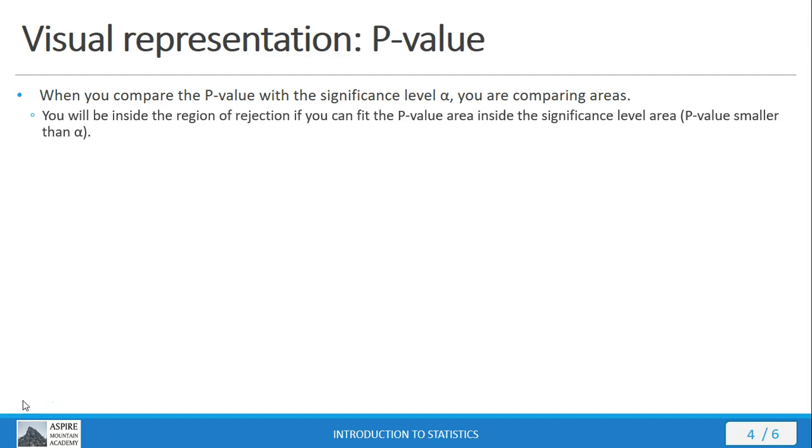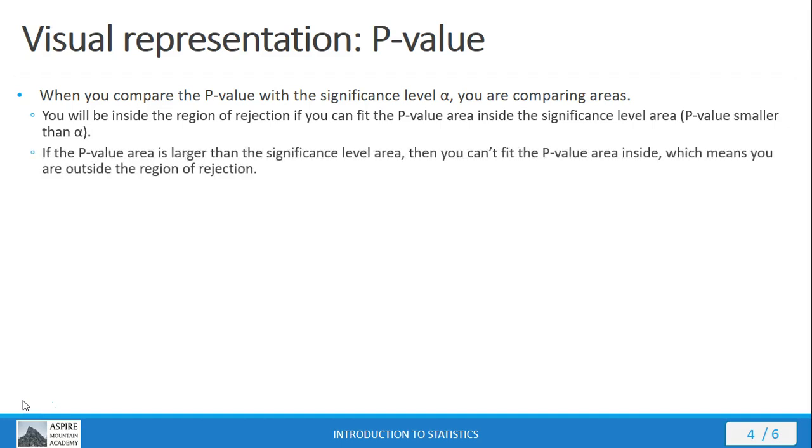This is the same thing as saying the p-value is less than or equal to alpha. If, on the other hand, the p-value is greater than alpha, then the p-value is an area that's larger than alpha, and we can't fit it inside that significance level area. So therefore, we're outside the region of rejection, and we fail to reject H0.